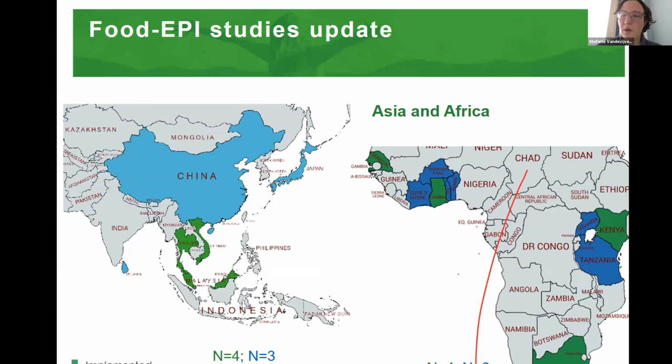In Africa as well, we have 4 countries that have implemented the Food-EPI in slightly different ways: Ghana, Kenya, South Africa was the first one, and then Senegal has recently completed as well. And as part of some new projects, Tanzania and Uganda, as well as some other West African countries, are also aiming to implement Food-EPI in the coming 2 years.